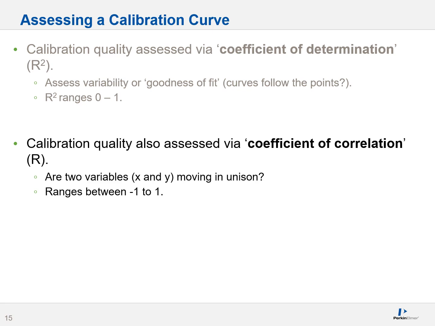Whereas R, or coefficient of correlation, is asking, are my two variables, x and y, moving together? In simple terms, R is an indicator of the strength of the relationship between the two variables x and y, whereas R squared is an indicator of the strength, the goodness of fit, of the curve. R squared ranges from 0 to 1. R can range from -1 to 1, because you could hypothetically get a negative curve as well.